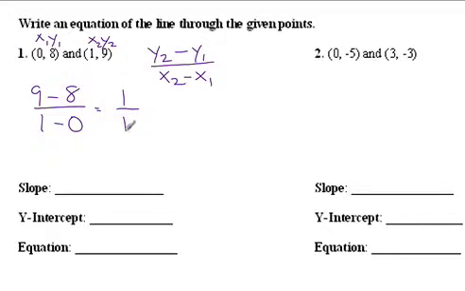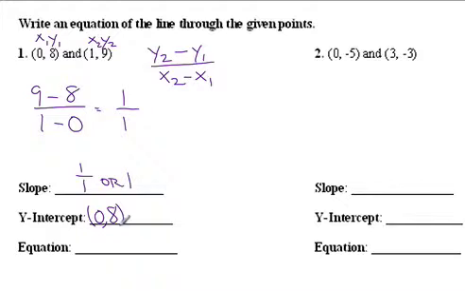How can I tell which one of these points is the y-intercept? The one that has the 0 in the x position. So my slope is 1 over 1, or 1. My y-intercept is 0, 8.